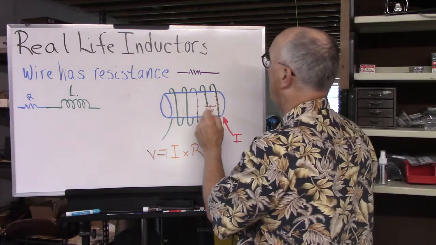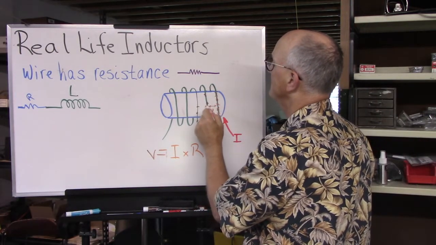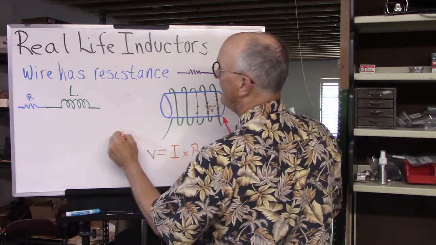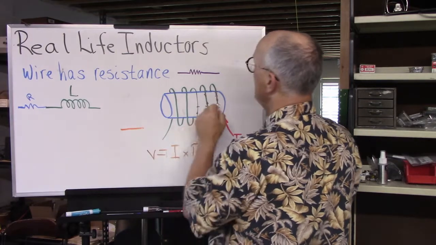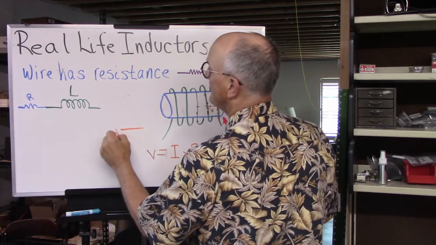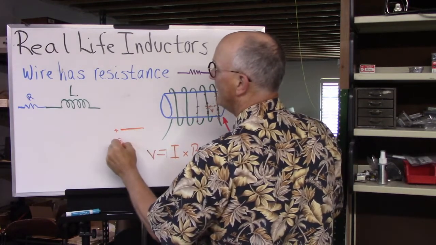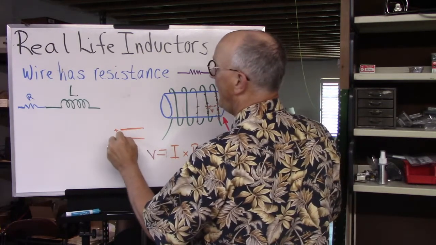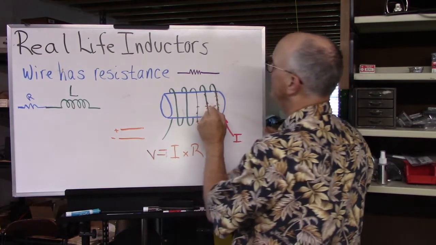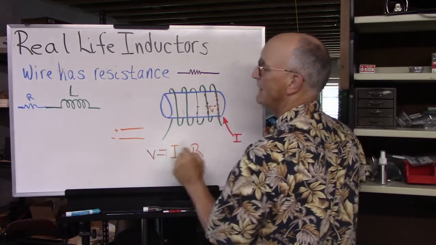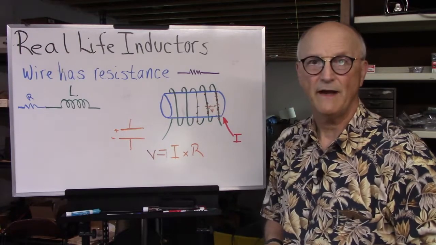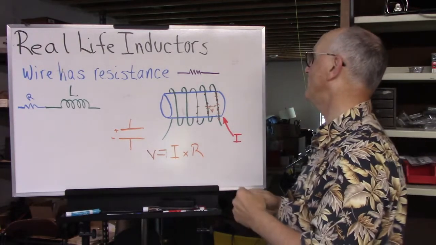So here we have a potential difference between two conductors. So you have a conductor, you have a potential on it, you have another conductor with a different potential on it, and these two conductors are separated by an insulator. And what does that give us? Well, that gives us a capacitor.